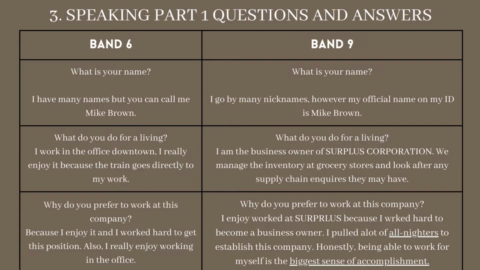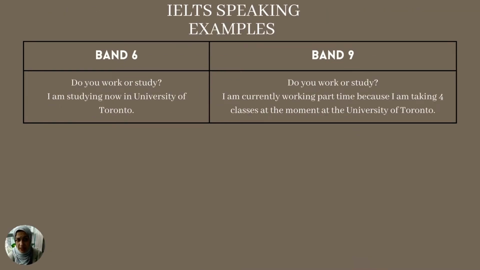I also didn't repeat myself anywhere throughout the answers, which shows off my paraphrasing skills. So these are certain things that you should keep in mind when you are trying to answer your IELTS speaking part 1 section. Let's take a look at the last one.